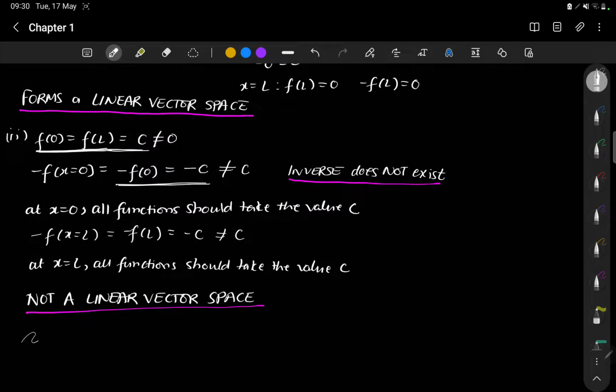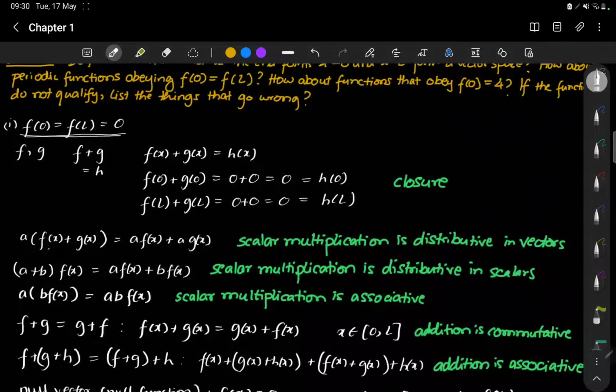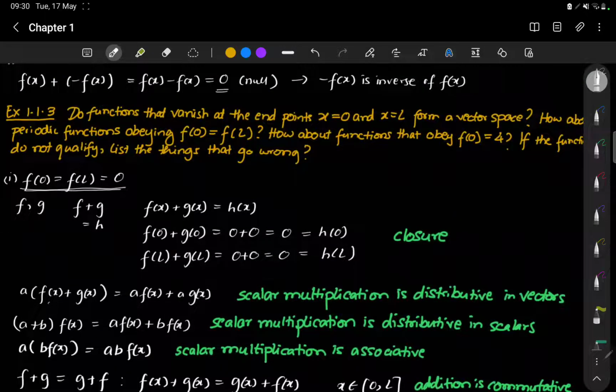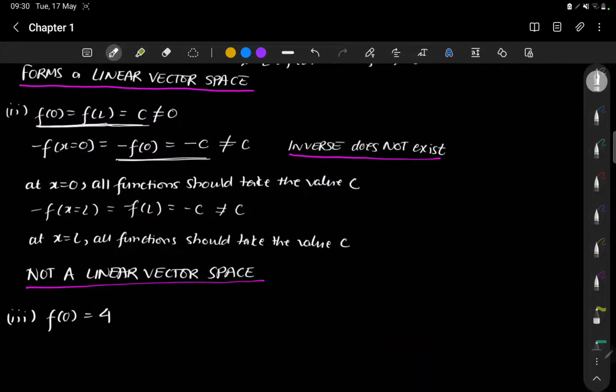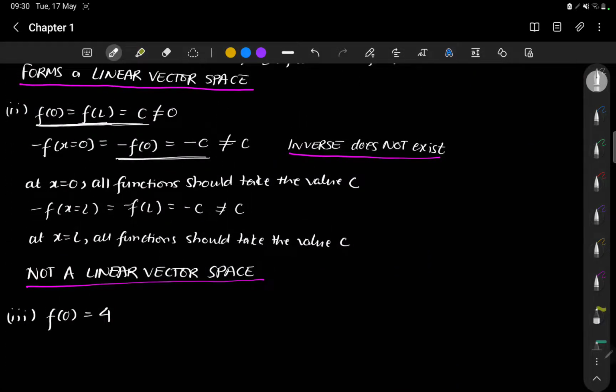Similarly, let's look at the third class of functions defined, which says that f(0) is equal to 4. So this is the question: does this class of functions form a linear vector space? Similar to the above example that we saw in number 2, we see that the inverse here also does not exist.